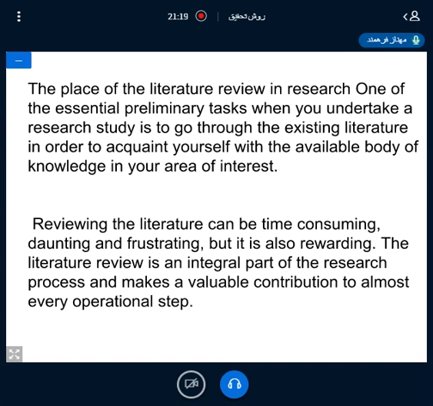So please notice that literature is a part of study that is necessary, and it may consume time, but it is a part of the research that makes a valuable contribution. So this step is important.